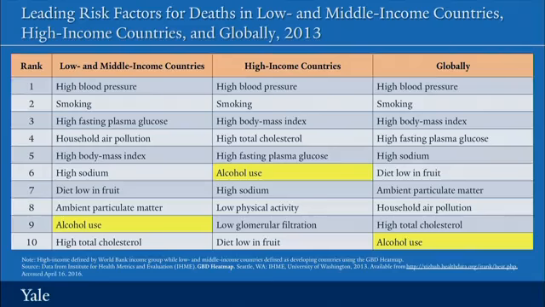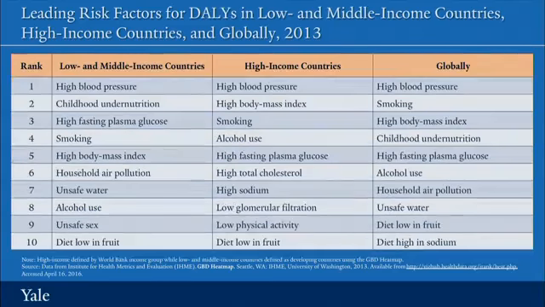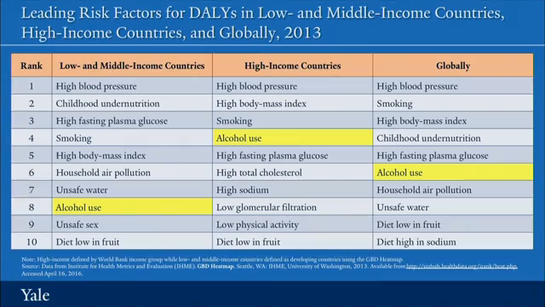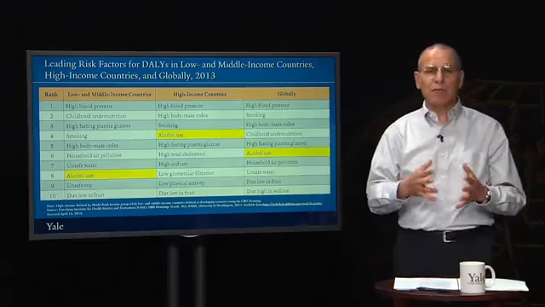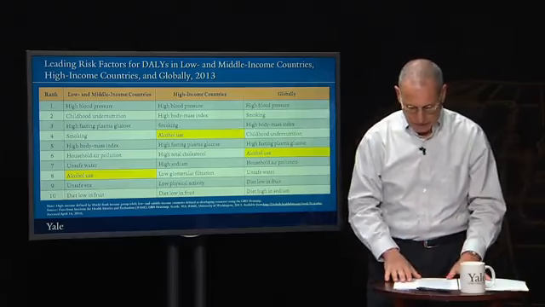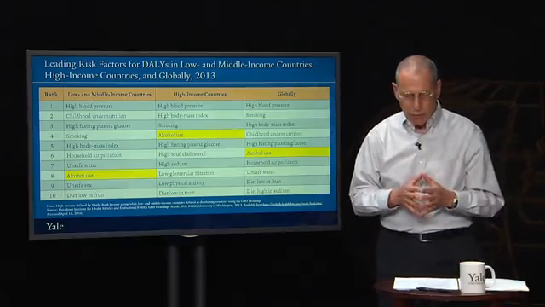When we look at the next graphic at DALYs, we'll see that alcohol is the 6th leading attributable risk factor for DALYs globally, the 8th for DALYs in low and middle income countries, and the 4th for DALYs in high income countries.